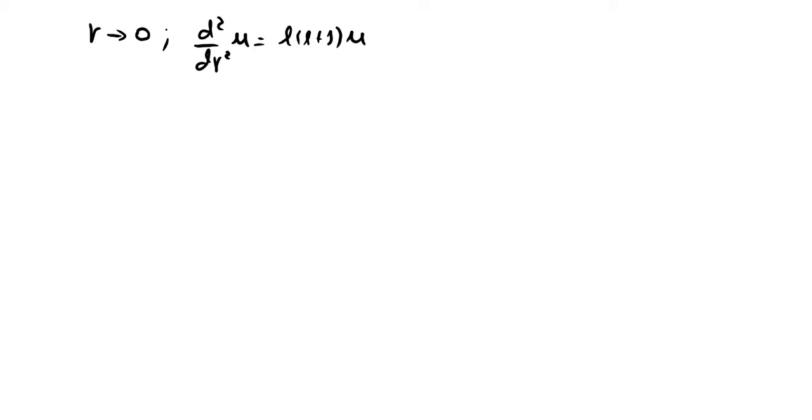So one way to solve this is to look for a solution in the form of u equal to r to the lambda. And then let's see what are the conditions for lambda for that to occur. You have the second derivative, this is the left side, and then in the right side I have L plus 1, and here I have still the r to the lambda minus 2, right?